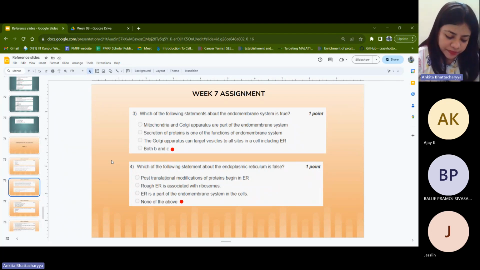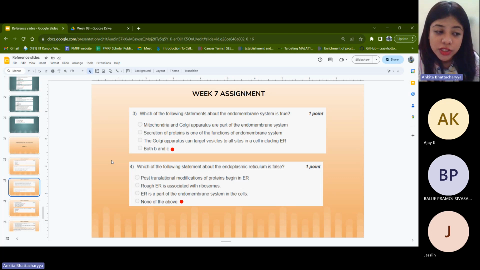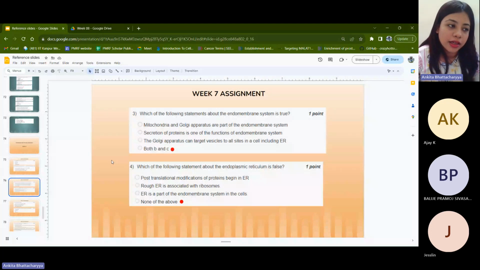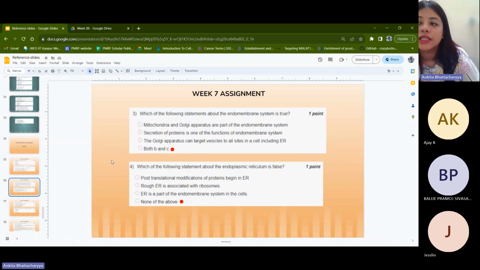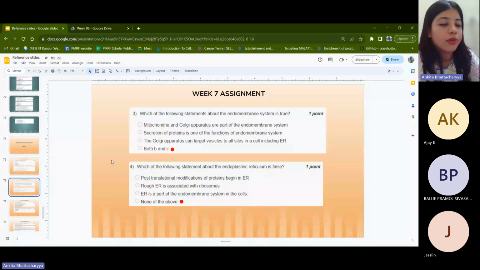In fact, it is not believed to be a part of it because it is not made up of similar structures or similar lipids. Its origin is something that is questioned. In the current scenario, of course, the origin is from the parental cell to the daughter cell, but it does have an endosymbiotic origin that is often associated with it. So it is not a continuous part of the endomembrane system as we have understood it till now.